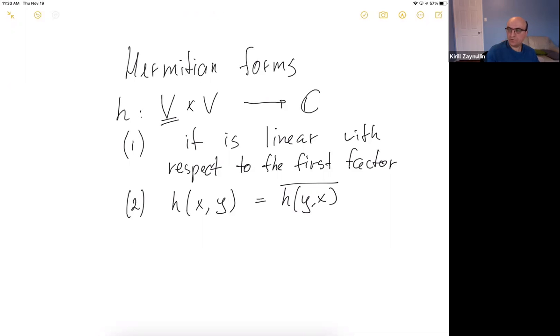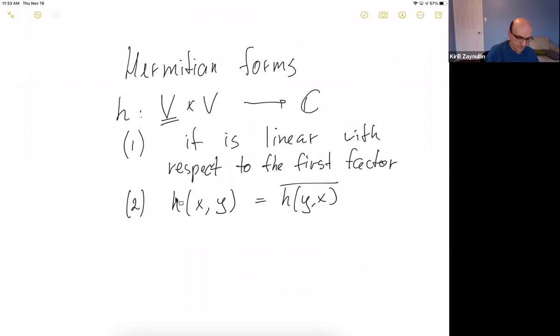By the way, if you restrict yourself to real numbers, so if you let your Hermitian form just be defined on real numbers, then it's clear that conditions 1 and 2 transform into the conditions for being a symmetric bilinear form.